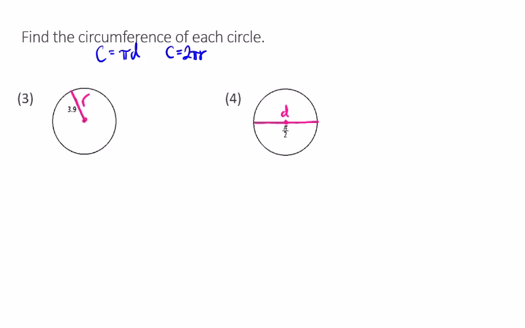Okay, so for number 3, we're going to use the formula with r because we're given r. So I'm going to do C equals 2 times pi times 3.9. When you're dealing with pi, there's two types of directions you'll have. Sometimes they'll say express your answer in terms of pi.